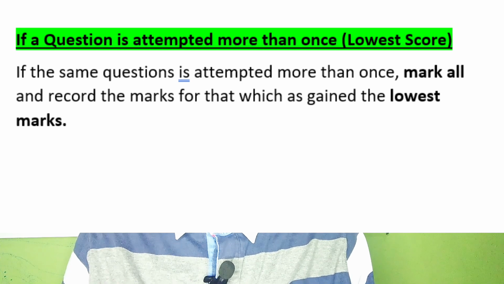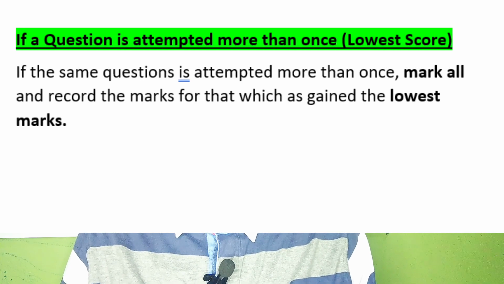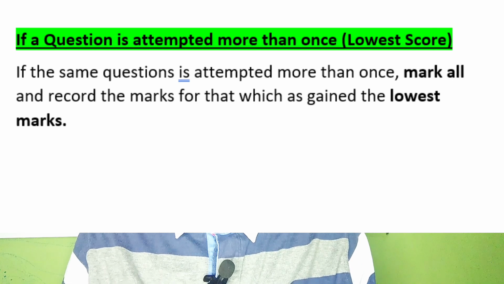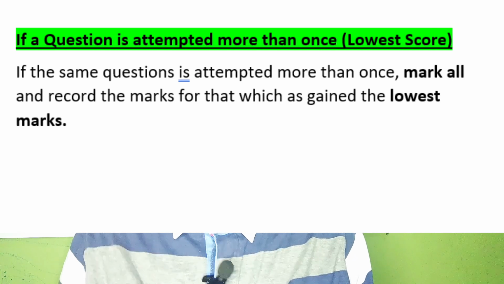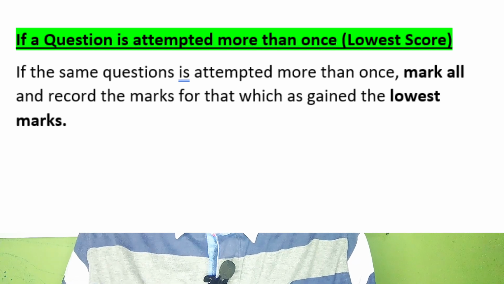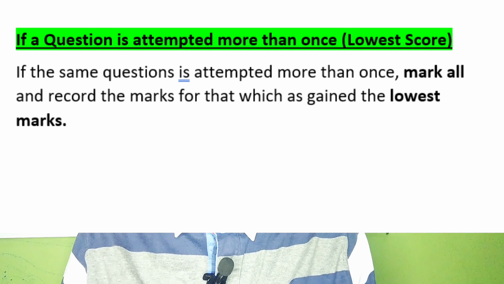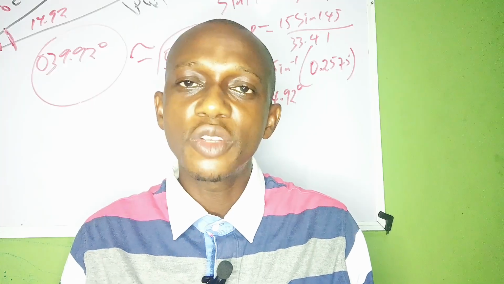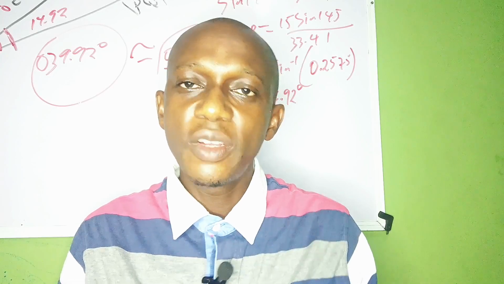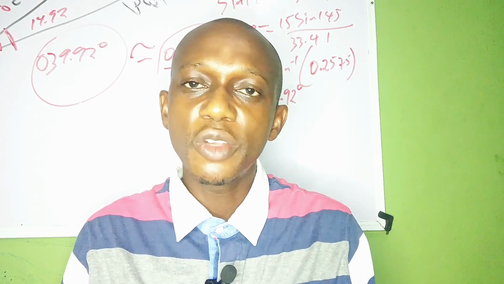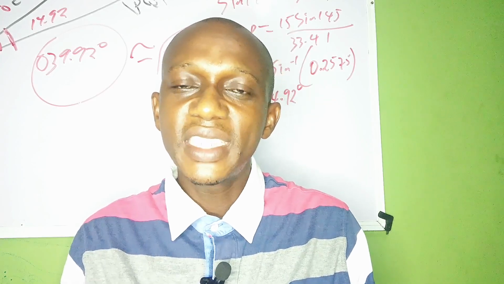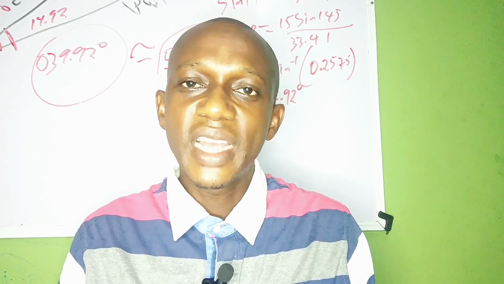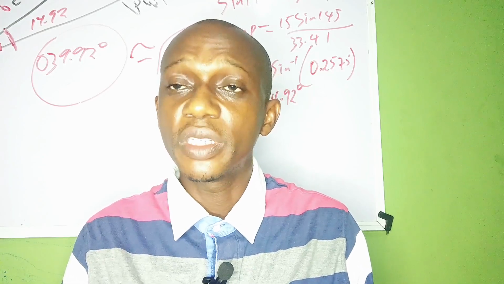Let's say you have solved question number 1, and you are not comfortable with the method you used. So, without cancelling it, you worked number 1 again with another method, and the total mark you got on the second one is maybe 12. The one you worked earlier got 15. The examiner will take 12 for you as against 15. And that's the punishment.